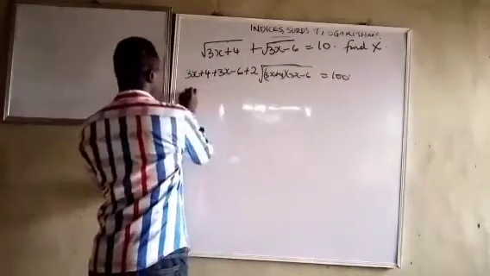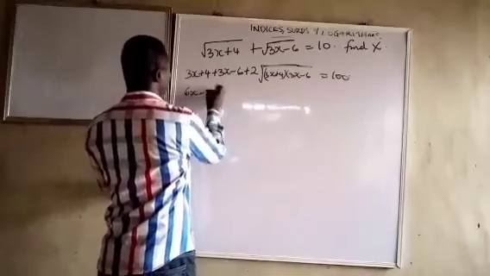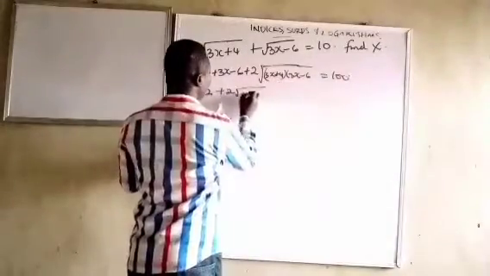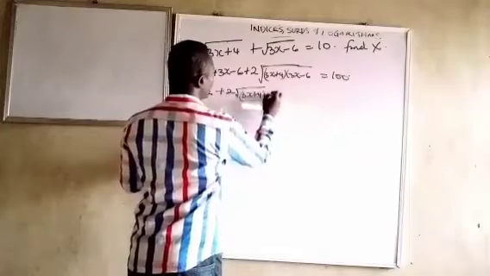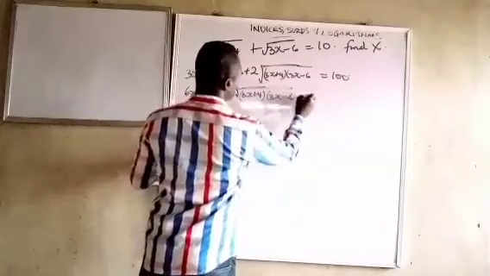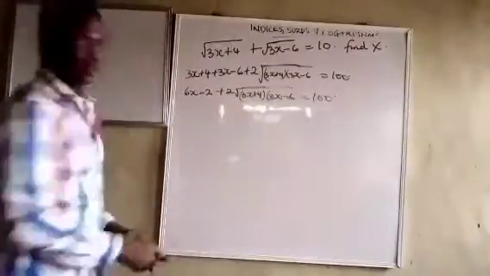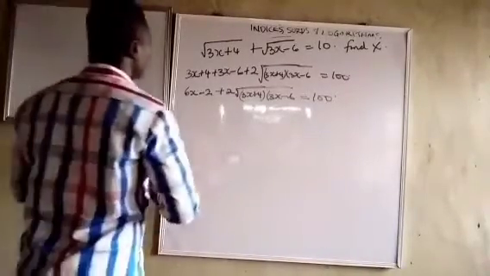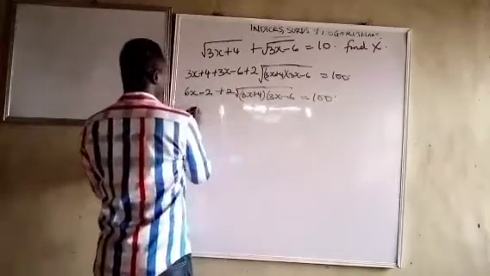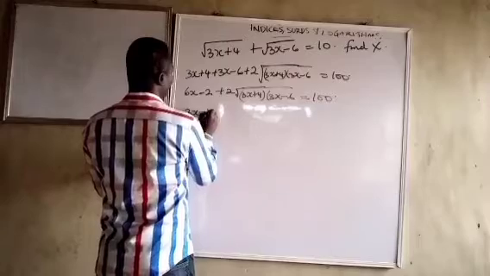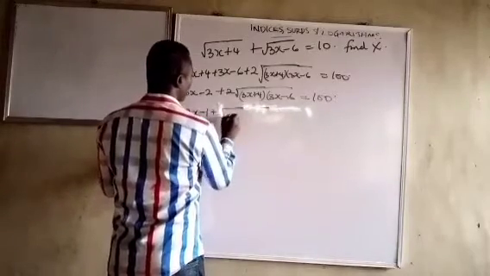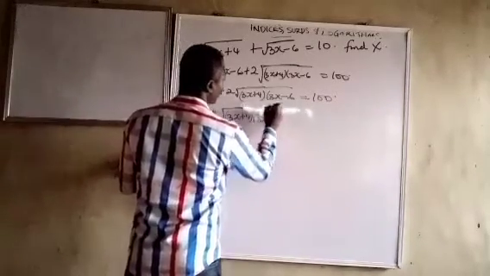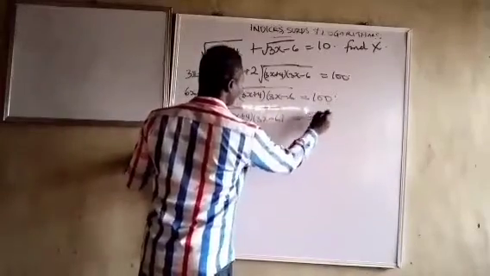So we have 6x minus 2 plus 2 root of 3x plus 4 into 3x minus 6 equal to 100. Let's divide by 2. So I have 3x minus 1 plus root of 3x plus 4 into 3x minus 6 is equal to 50.